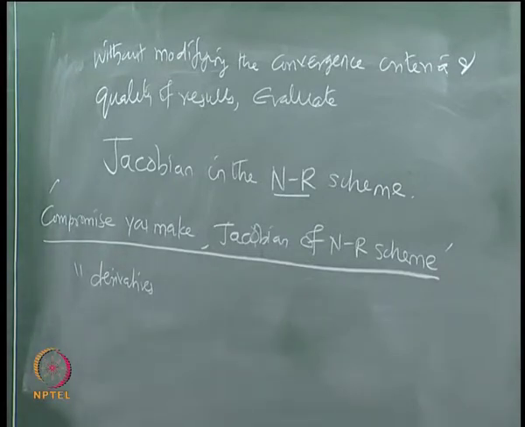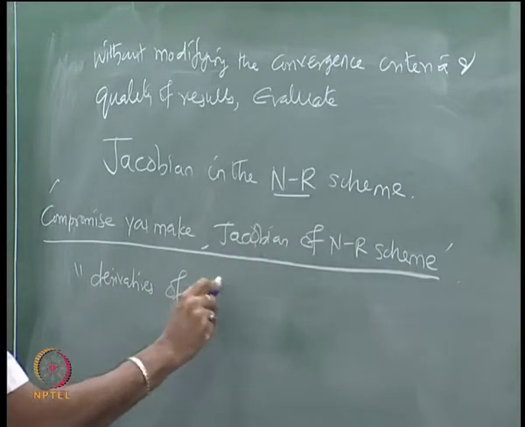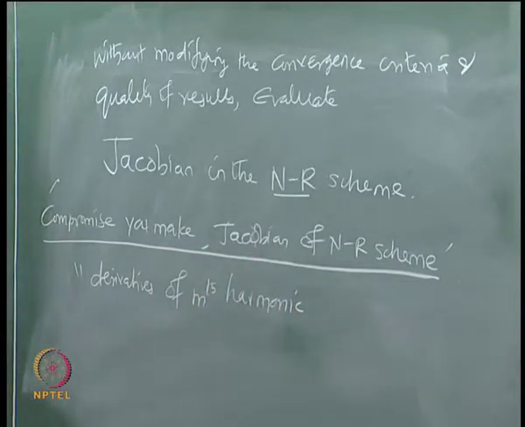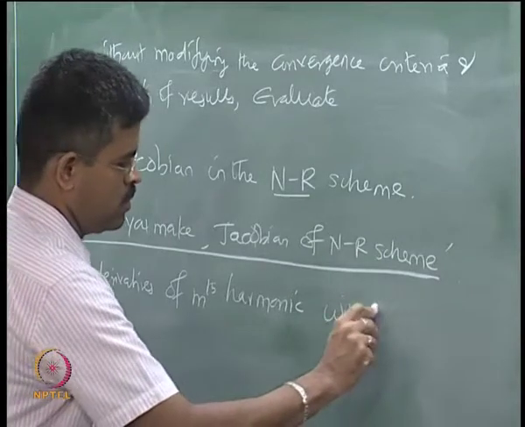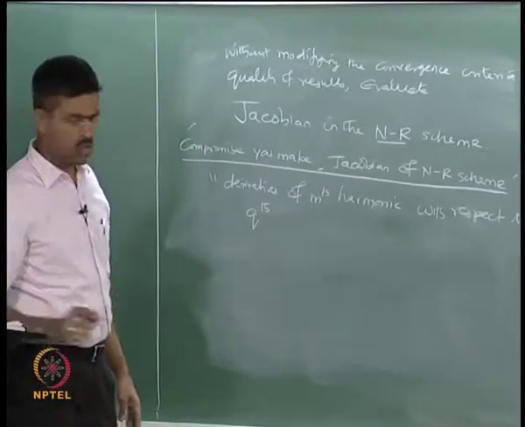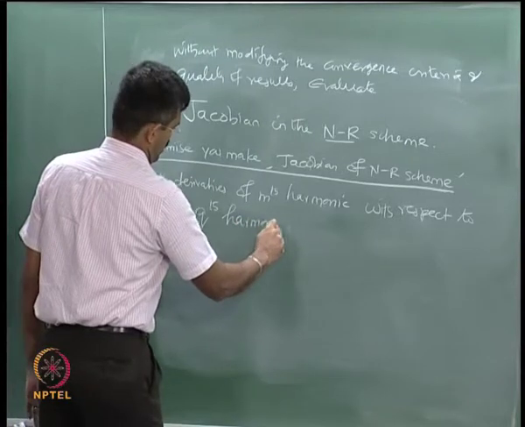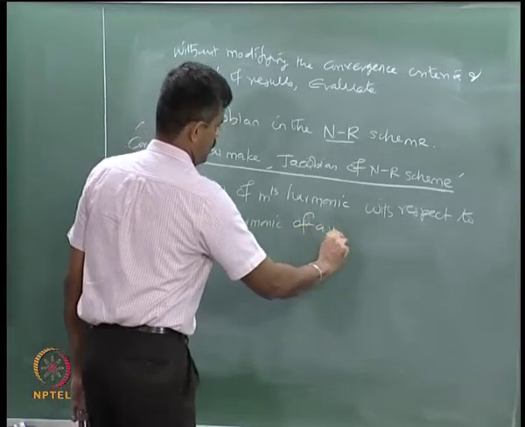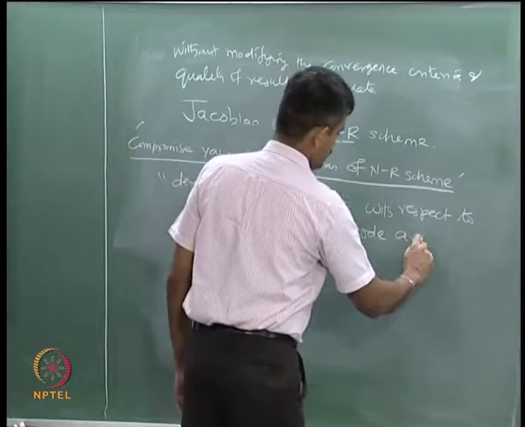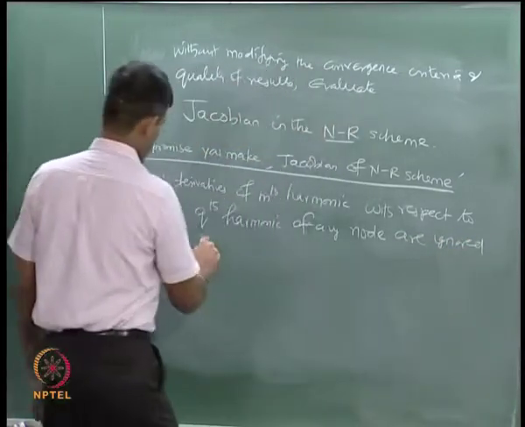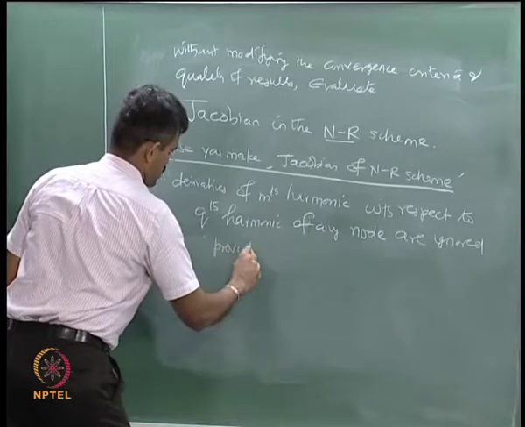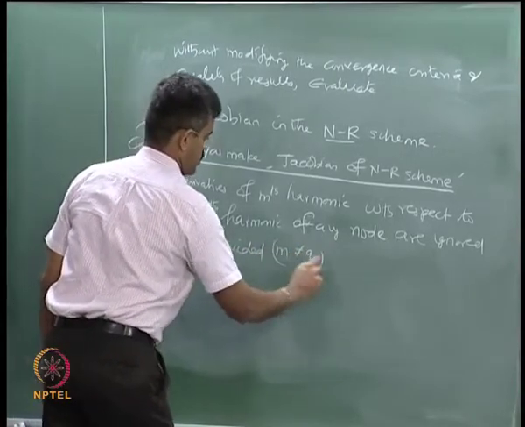So, the derivatives of the mth harmonic with respect to the qth iteration or qth harmonic of any node, ignore, provided m is not equal to q.